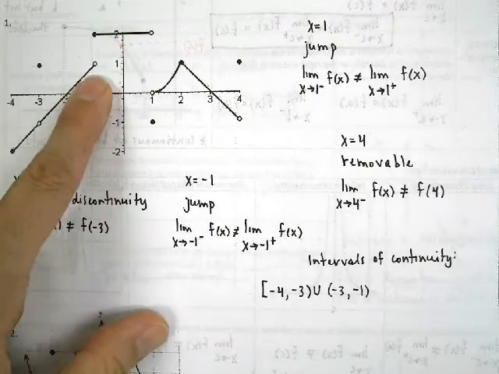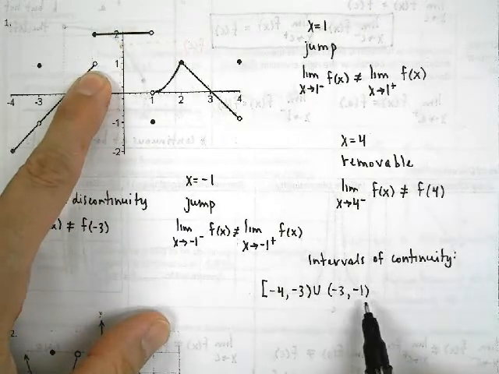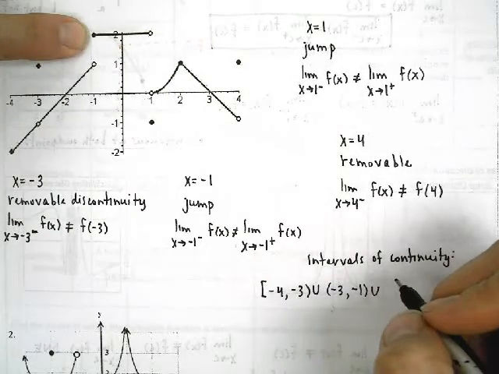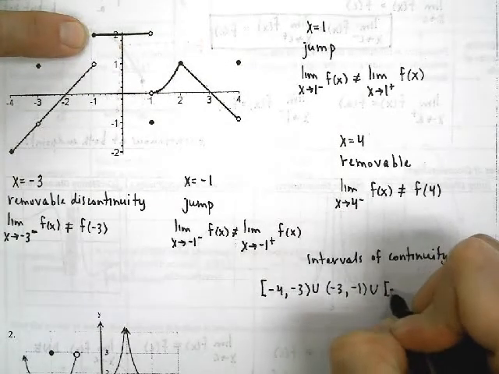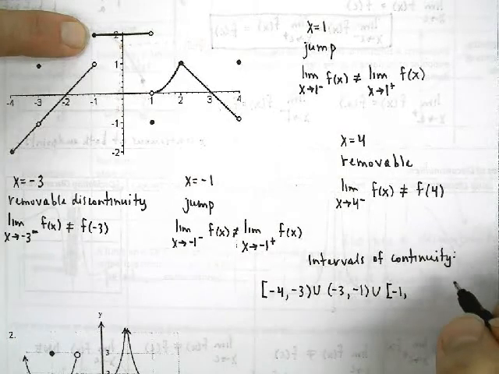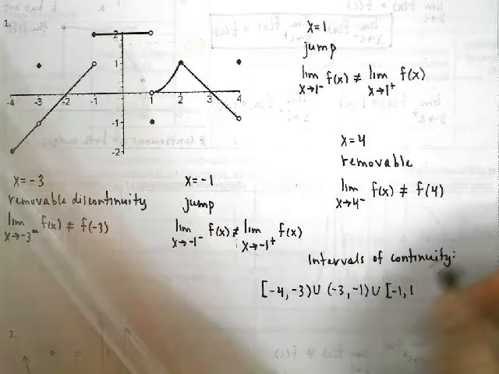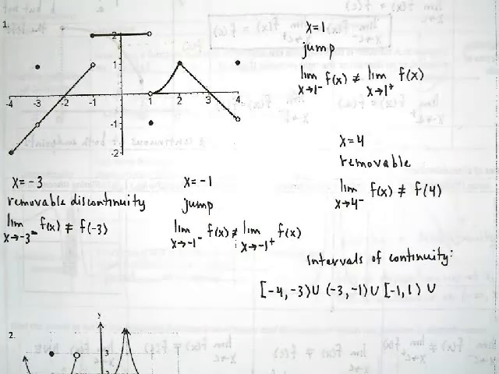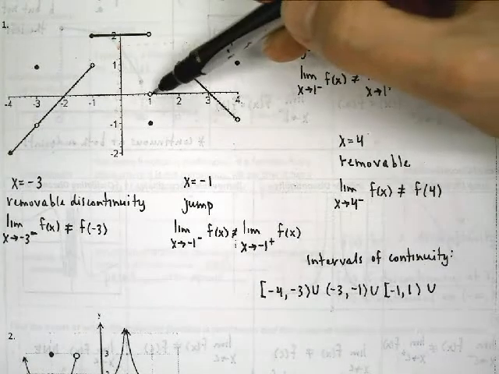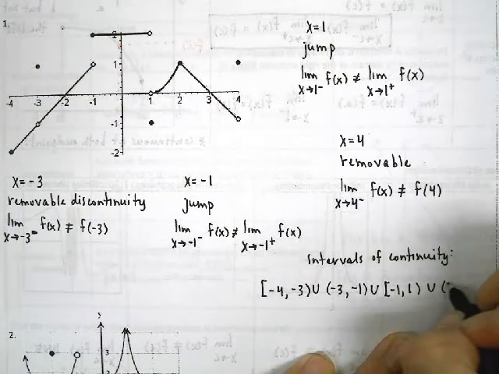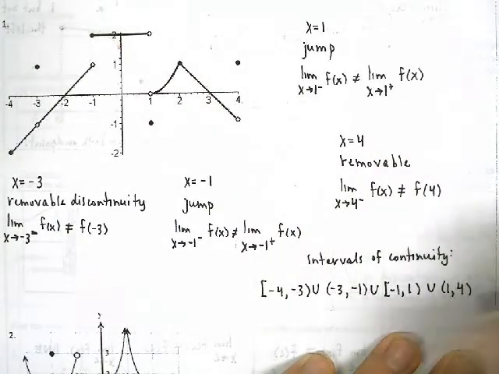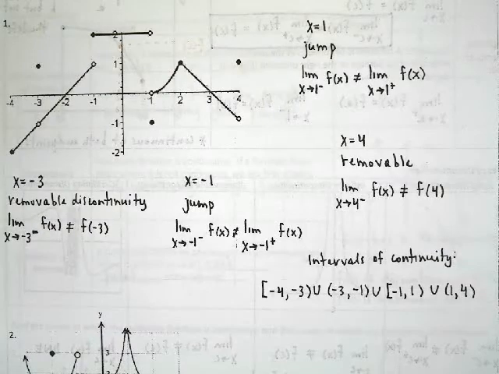Again, since I'm open here, I'm not defined, so that's an open bracket. My next interval, I am defined on this piece at -1, so that'll be closed, and that takes me over to 1. Then my last interval here is going to go from 1, open, all the way to my endpoint at 4, which is also going to be open.